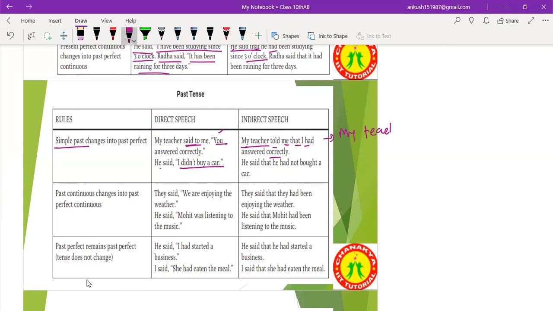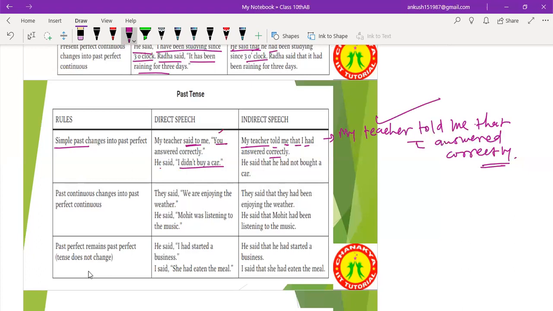My teacher told me that I answered correctly. This would also be the correct transformation or conversion of direct to indirect speech. Have you got it?